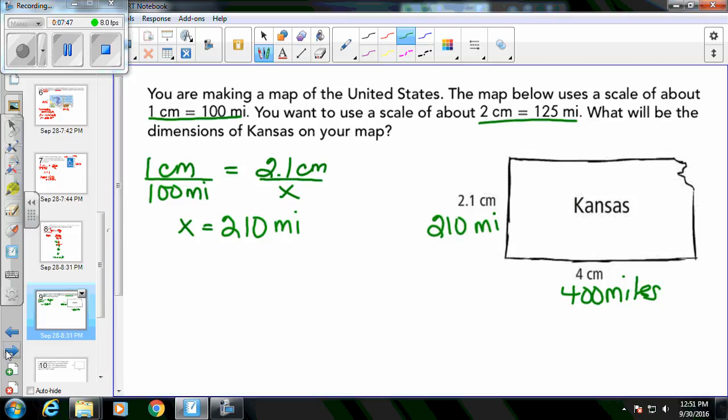We want 2 centimeters to represent 125 miles. So how much would 210 miles be in centimeters? Now we've changed it a little bit.